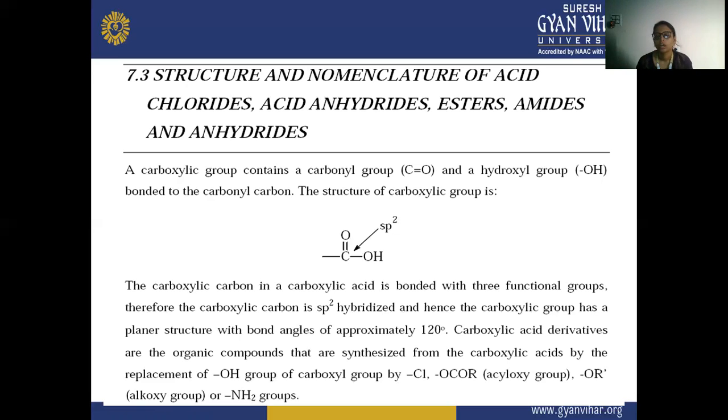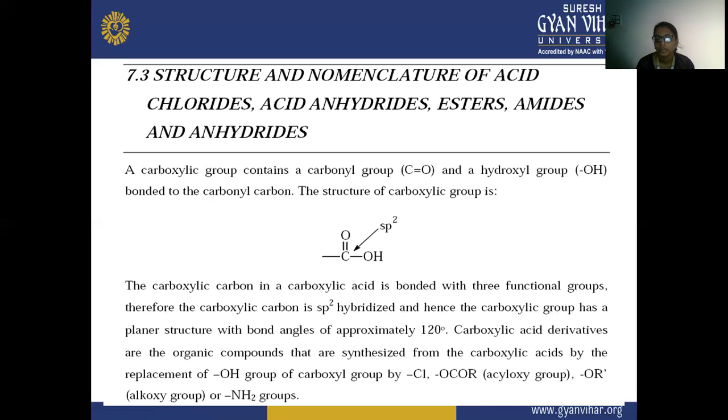These carboxylic acid derivatives are organic compounds that are synthesized from the carboxylic acid by the replacement of the OH group of the carboxyl group by Cl, that is a halogen. If a halogen is replaced, then it becomes an acid halide.